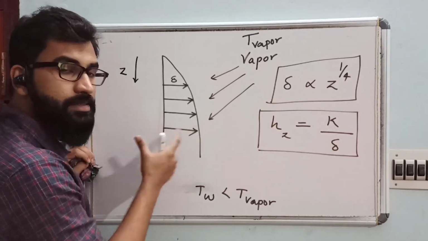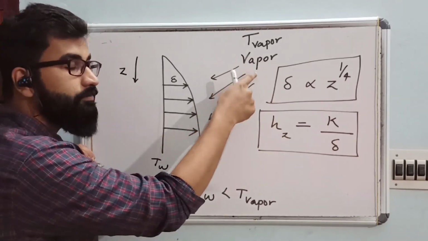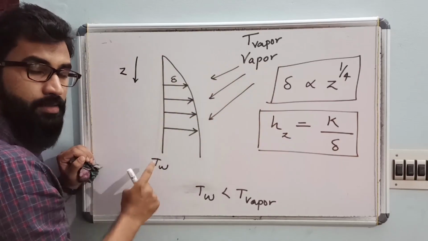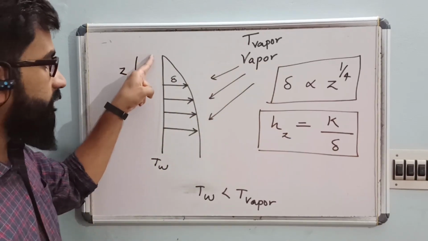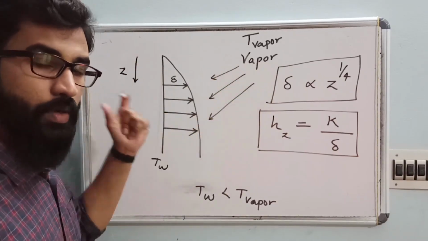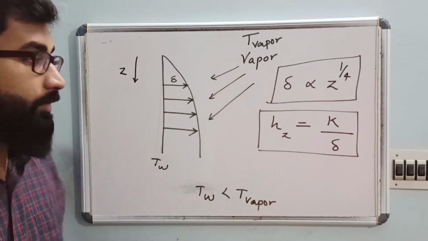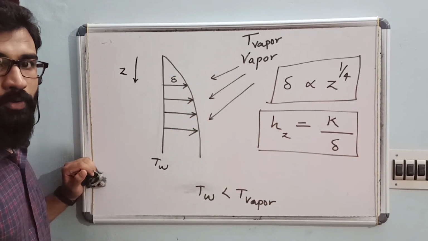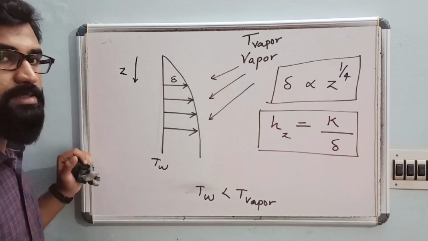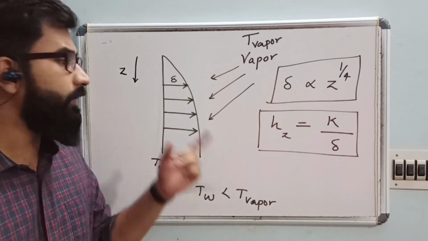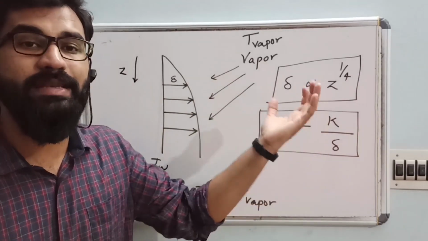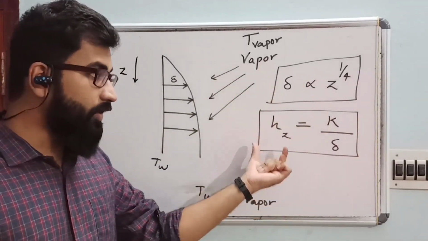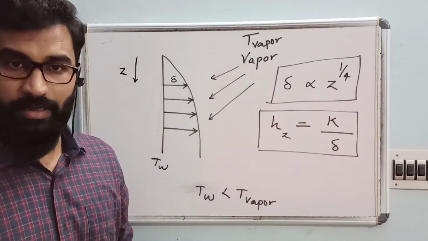When the thickness is increasing, what will happen? There is more resistance between the vapor and the solid wall. Between the solid wall and the vapor, you have more film thickness. Clearly, I hope you understood. When the thickness of the film is increasing, what will happen to the heat transfer? You have more resistance, so your heat transfer will decrease. That's why you have an inversely proportional relation.